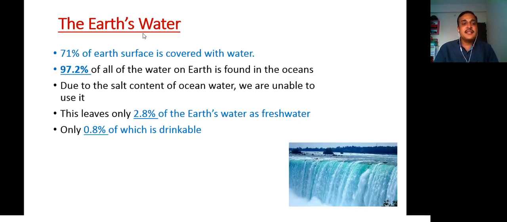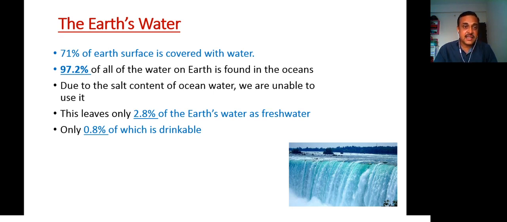This is the statistics, or some figures, of Earth's water distribution. As we know, nearly 71% of Earth's surface is covered with water, because of which an aerial photograph of Earth reflects the blue color.